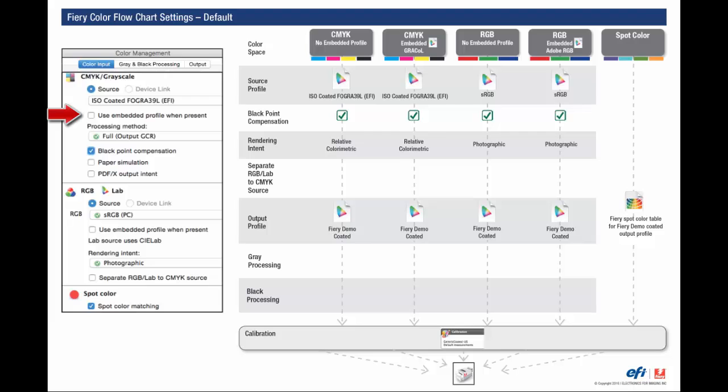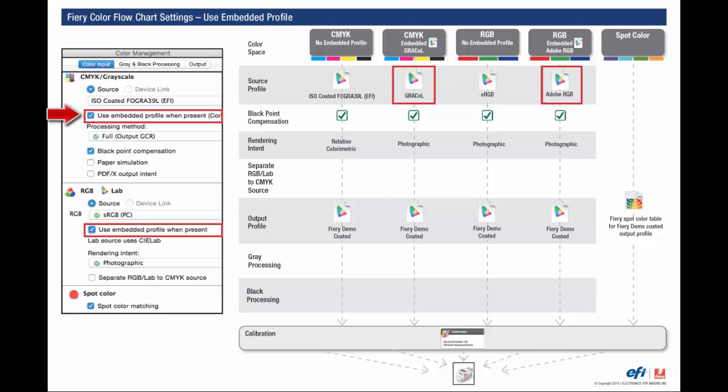When I'm not using the embedded profile, I get the relative colorimetric intent with the default profile for CMYK with an embedded profile. But when I set Use Embedded Profile for CMYK, I get the rendering intent photographic that is to be used for device-independent LAB color, since that's how we're now treating the CMYK.